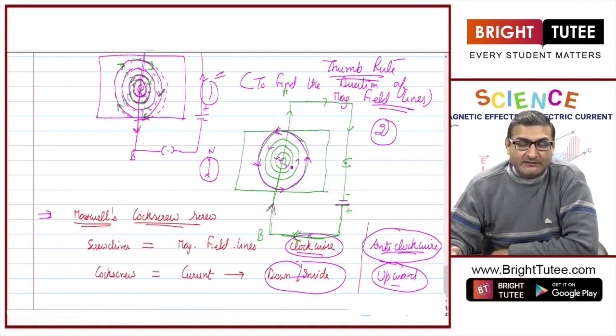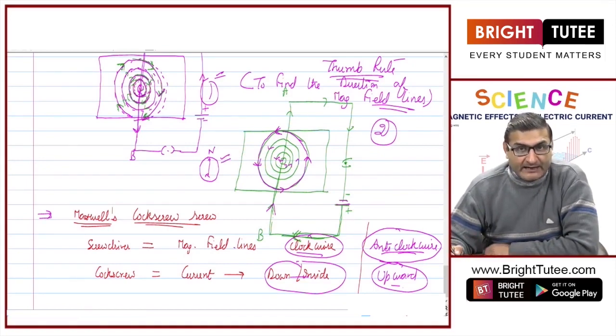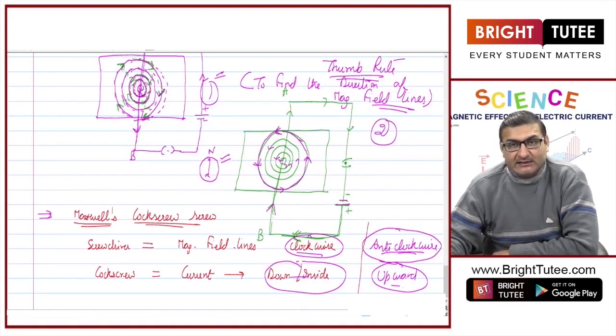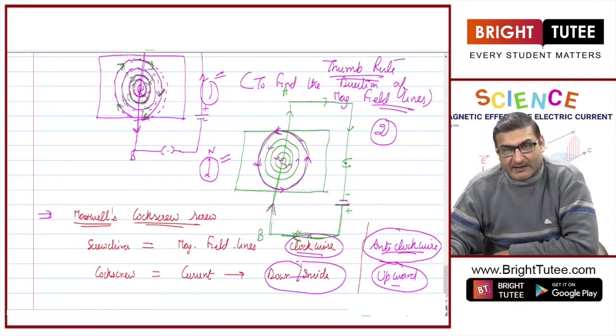Now it is observed that if we increase the amount of current in the wire, then this deflection also increases. And if we do the vice versa, that is, we decrease the amount of current, then the deflection also decreases. Right? This is the first observation that we make.